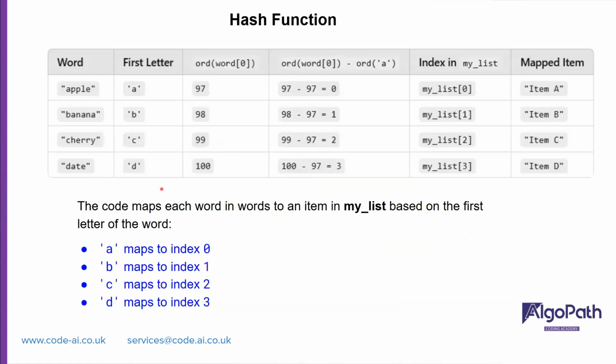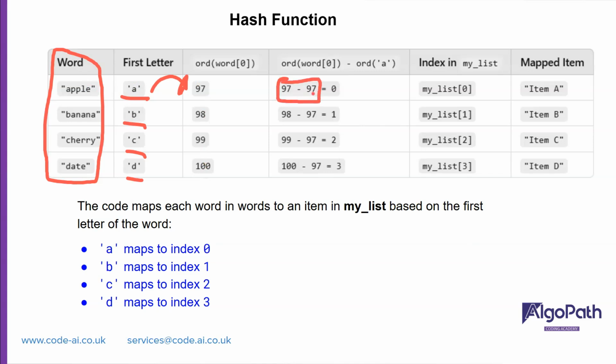So let's have a look at this in a table form. Over here, we start with our word. We grab the first letter of that word, which you can clearly see as being A, B, C, D. We represent that in ASCII form, which is 97, 98, 99, 100. We then do a simple calculation, 97 minus 97, which is the original value of A, and therefore 0 is our starting index value for this dictionary.